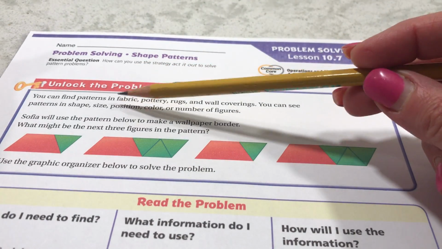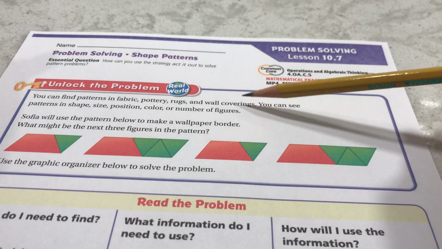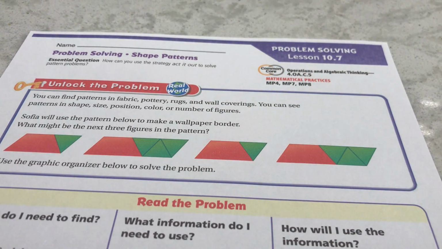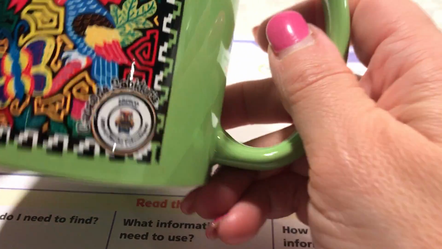You can find patterns in fabric, pottery, rugs, and wall coverings. You can see patterns in shape, maybe in size, maybe in position, maybe in color, or a number of figures. So right now I'm in my kitchen.